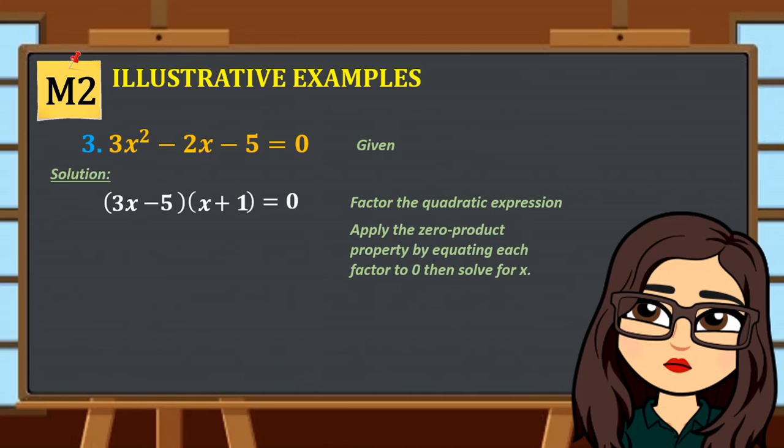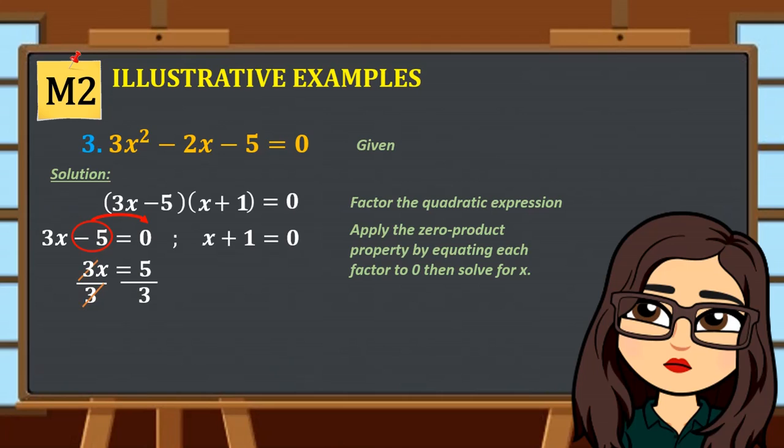Next step, apply the zero product property by equating each factor to 0, then solve for x. So we have 3x minus 5 equals 0 and x plus 1 equals 0. So for 3x minus 5 equals 0, transpose negative 5 to the right side. This will give us 3x equals positive 5. And then divide both sides by 3.